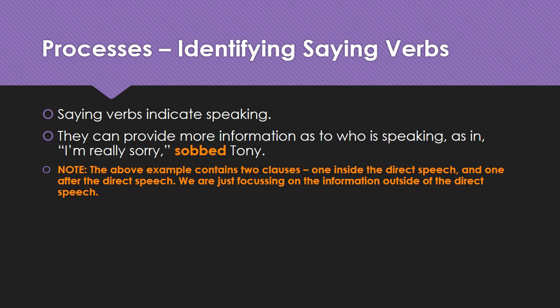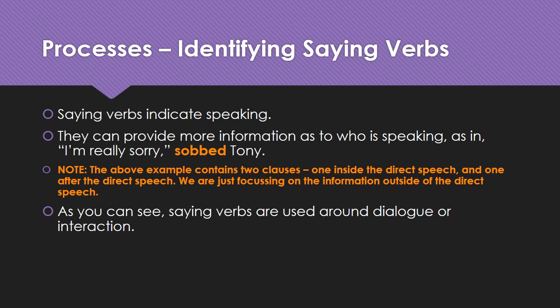It is important to note here that the above example contains two clauses, one inside the direct speech and one after the direct speech. We are just focusing on the information outside of the direct speech for these activities.